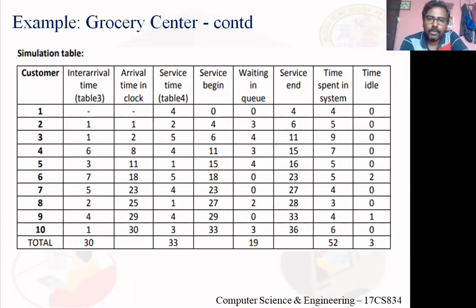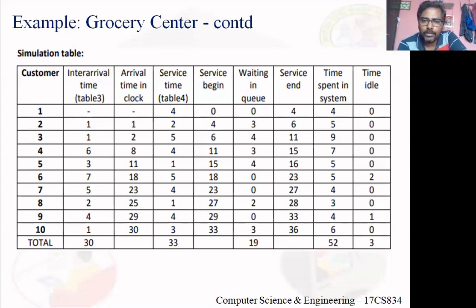Waiting time is nothing but service begin minus arrival. When you know when service is going to begin, you automatically know when service is going to end. It is the same statistics as the previous table, but here there are 3 extra columns.